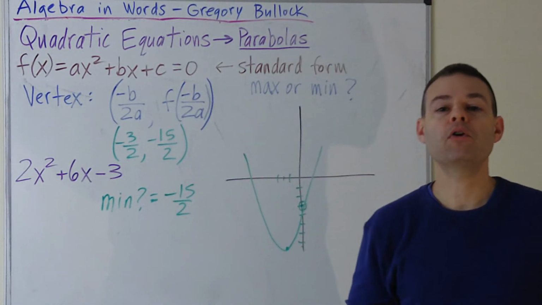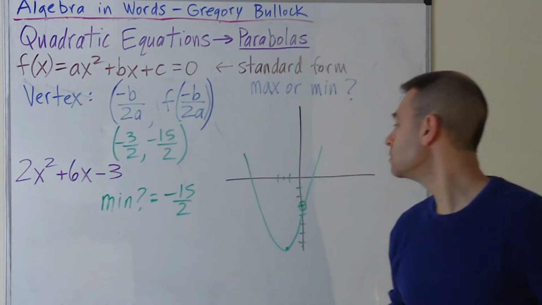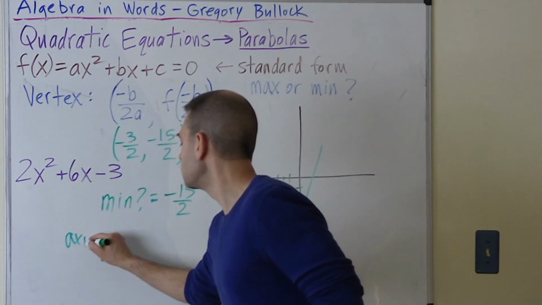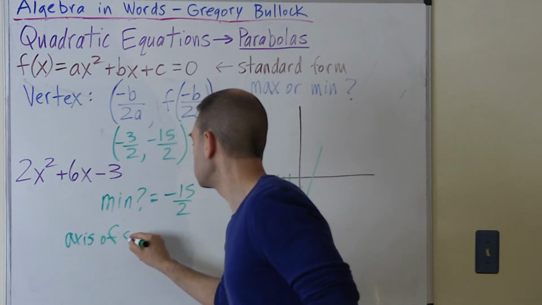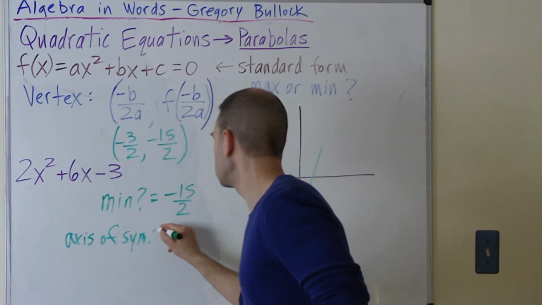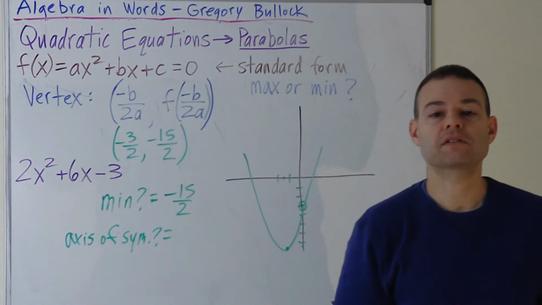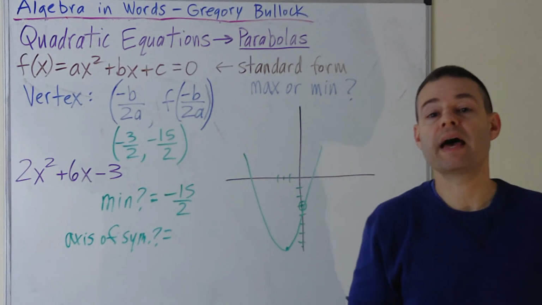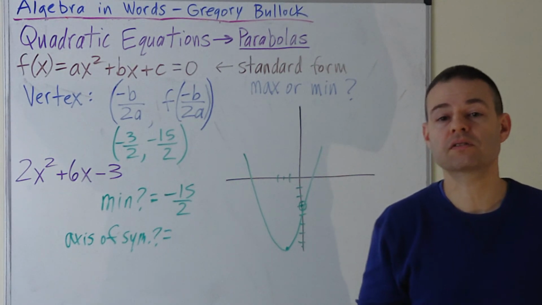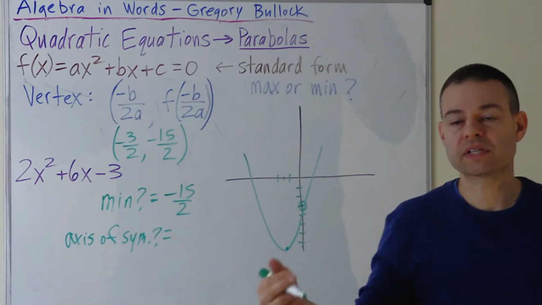All right, and how about the axis of symmetry? All we do to find the axis of symmetry is write the x value of the vertex, but write it as x equals that number.